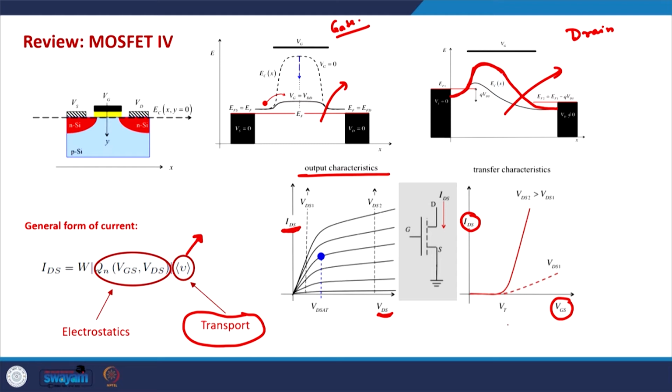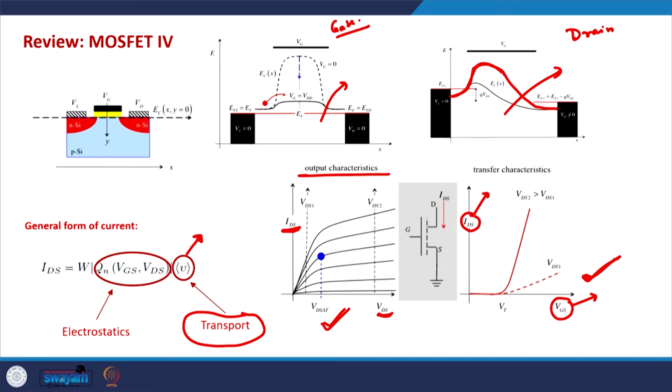The output characteristics are very useful generally in circuits, but the characteristics IDS versus VGS are also quite interesting, because the voltage that we are considering is the gate voltage, and the current that we are considering is the drain current.